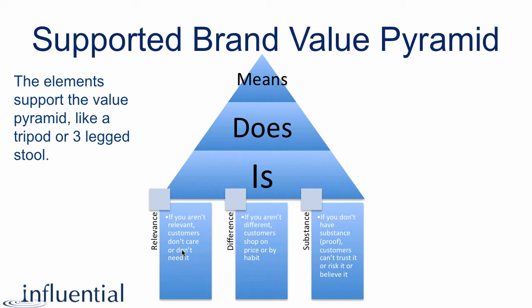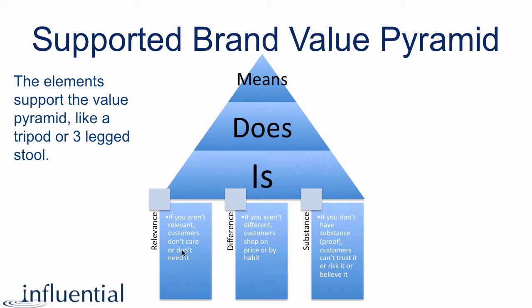If there's no difference, the customers can say, oh, look, I love that, but the guy down the road is cheaper, or look, I'm already using someone and you seem pretty much the same. There's no reason to change. Or it's just boring. There's lots of options out there. If yours looks the same, they're not going to pay a premium for it. And then thirdly, if you don't have substance, then customers can't trust it or risk it or believe in it.